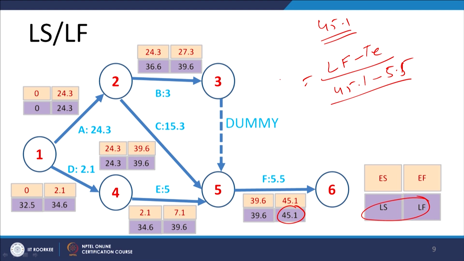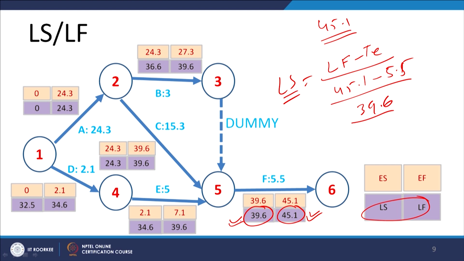In any case, this will give us the latest start time, which is again 39.6. So the latest start for activity F is 39.6, meaning we cannot delay this activity beyond 39.6 if we have to complete the project in 45.1 time units.